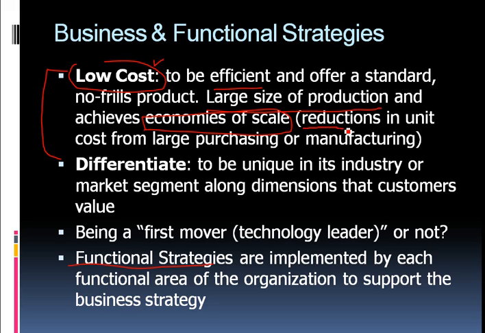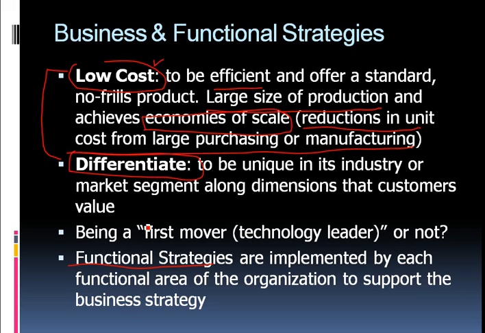Economies of scale means the reduction in the unit cost from large purchasing or large manufacturing. So as you increase your production quantity, the unit cost will drop, so that your product price becomes cheap. So that is the low cost strategy.